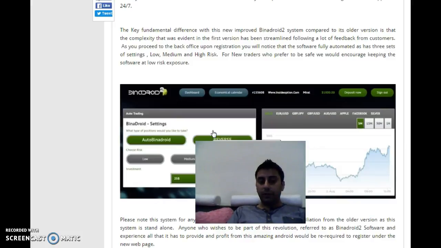This means that if the Binadroid, like any software, sometimes goes into the wrong trend, then traders have the ability to reverse a trade, thereby minimizing the risk loss exposure and reducing the amount lost on the first trade by counteracting it and having a win against that one trade.